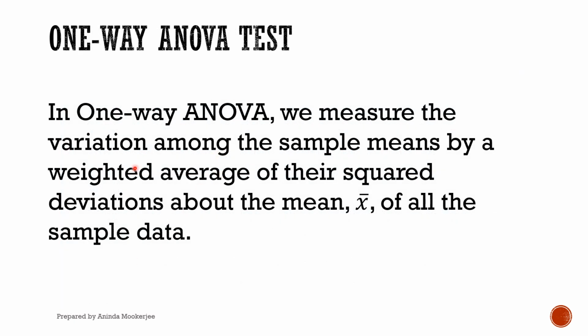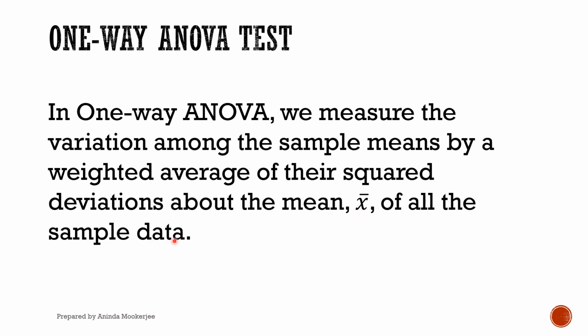Now let's understand what the one-way ANOVA is about. In a one-way ANOVA, what we do is we measure the variation among the sample means by a weighted average of their squared deviations about the overall mean of all the sample data.